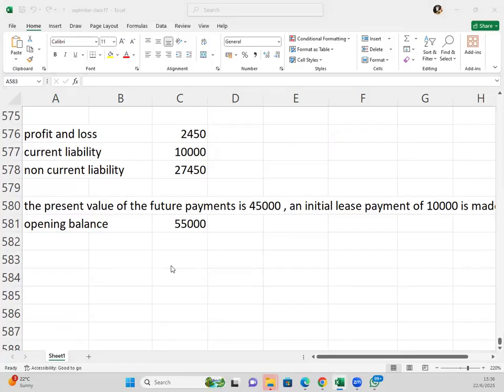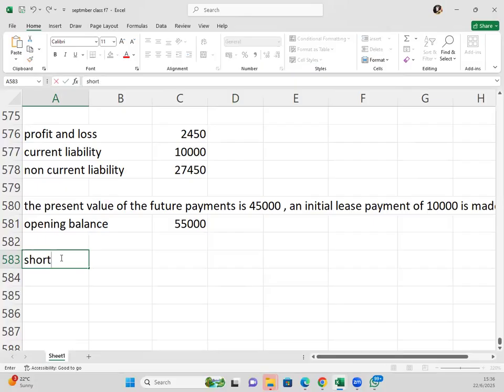We mentioned that the lease liability is supposed to be split into current and non-current liability, and part of it is supposed to be treated as a finance cost, which is taken to the income statement. So let's finish up this standard and we move on to another standard.